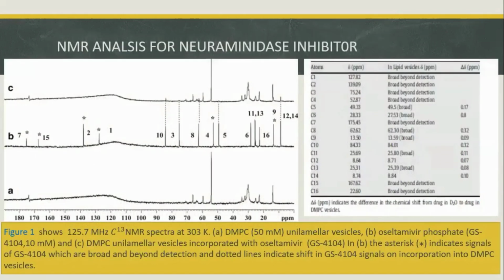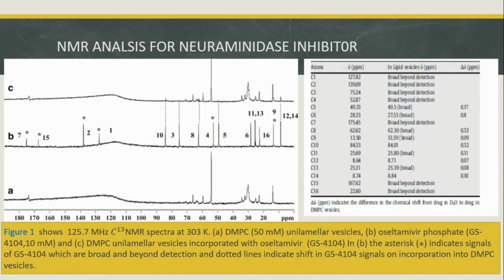This is the NMR analysis. We can see there are 3 spectra here, using carbon-13 NMR. The first one is the DMPC, which means only the model membrane, and the second one is only our inhibitor, oseltamivir, which we call GS4104. The third one is the combination of oseltamivir and the model membrane, the DMPC unilamellar vesicle.